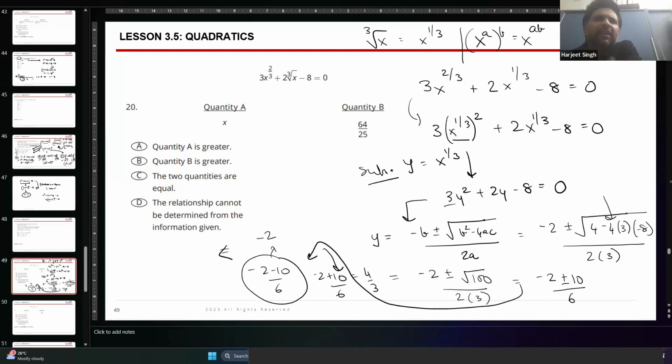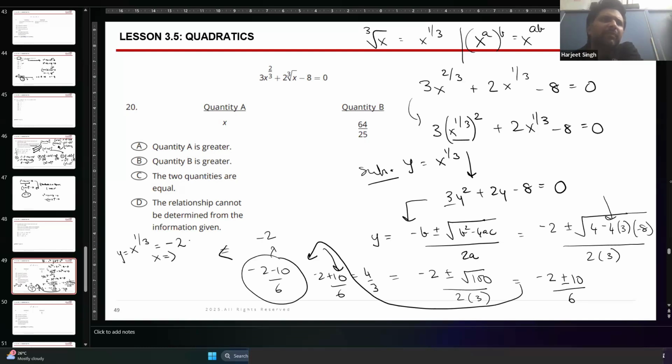Which means x raised to 1 by 3, which is y, will either be equal to minus 2. And if that is the case, what is x? Take cubes on both sides, right?